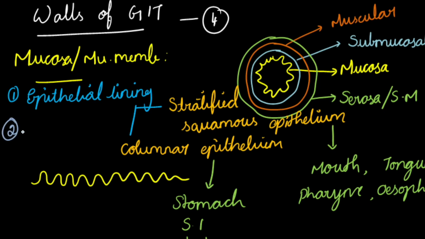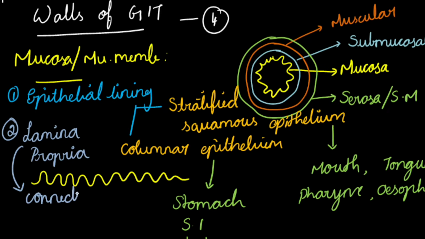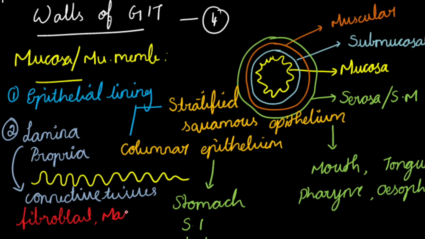Then in case of mucosa we are having the second lining, that is lamina propria. So now this lamina propria is completely made of connective tissues. So the connective tissues were fibroblasts, macrophages, lymphocytes and eosinophils.